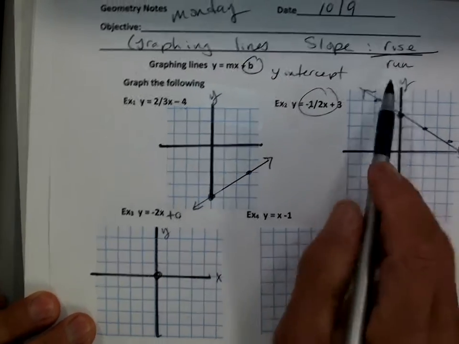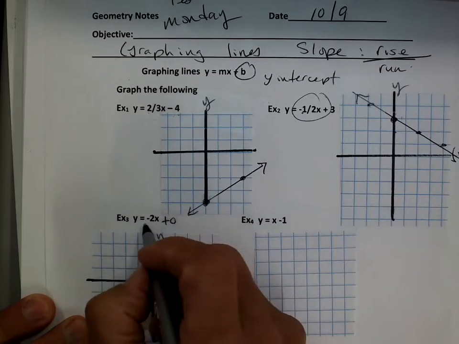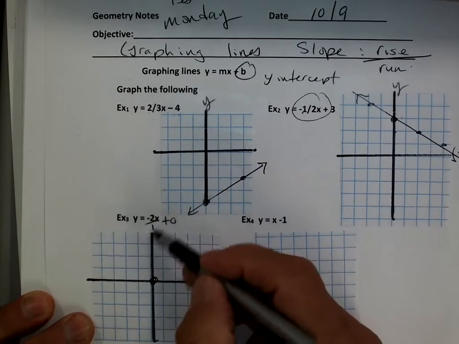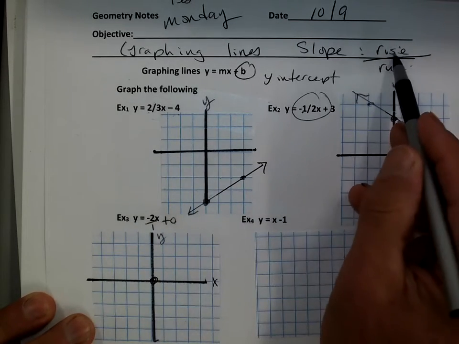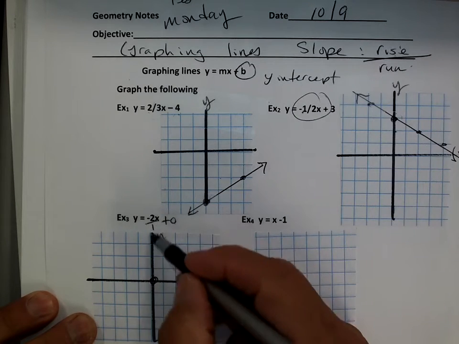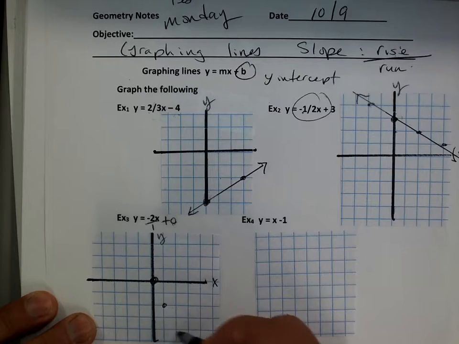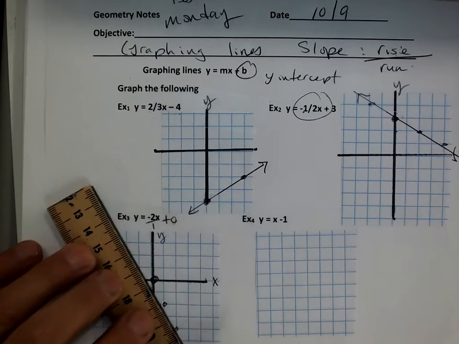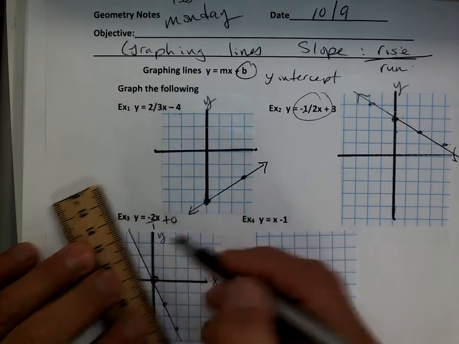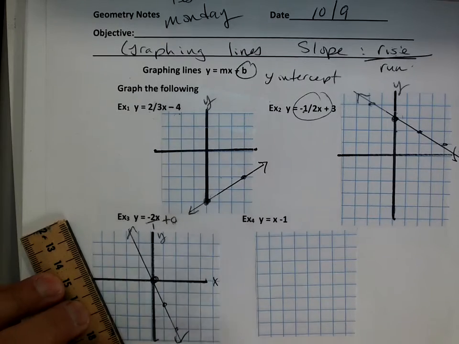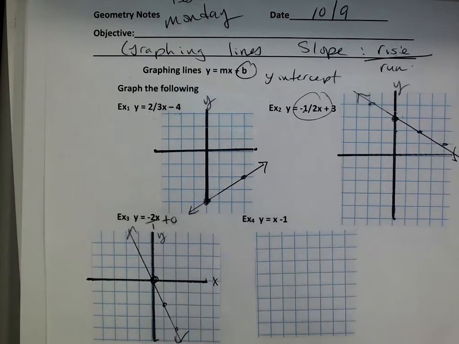So slope is rise over run, so it's -2 over 1. I need a fraction for slope because rise over run, that's a fraction. So I'm going to start at 0, and then I'm going to go down 2 over 1, down 2 over 1. Okay, so it's just a nice little review of what we've done in the past in algebra. Okay, all right. Hopefully this is easy.